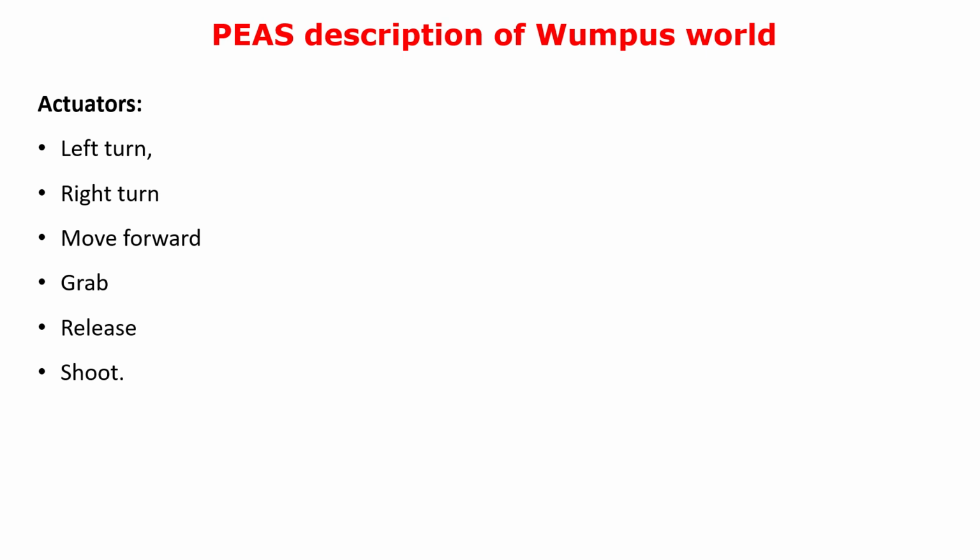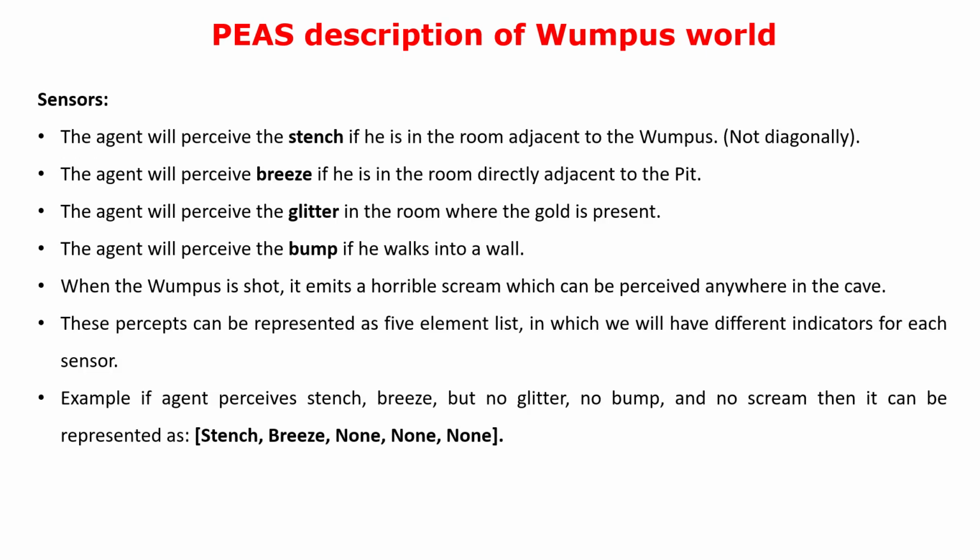And the final term is the sensor. The agent will perceive a stench if he is in a room adjacent to the Wumpus, not diagonal. The agent will perceive a breeze if he is in a room directly adjacent to a pit.